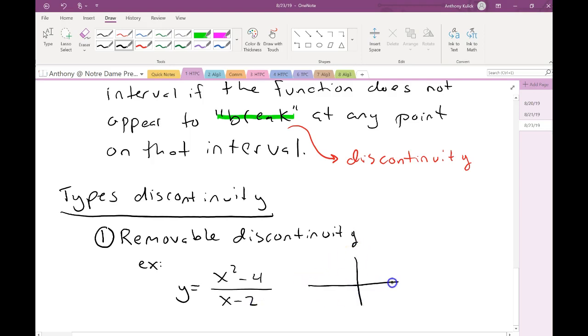If I graph that, there'd be a hole in that graph at the point 2, 4. Now I did that all in my head. It need not be obvious to you how I figured that out so quickly.